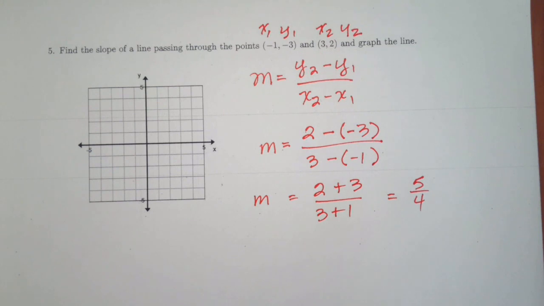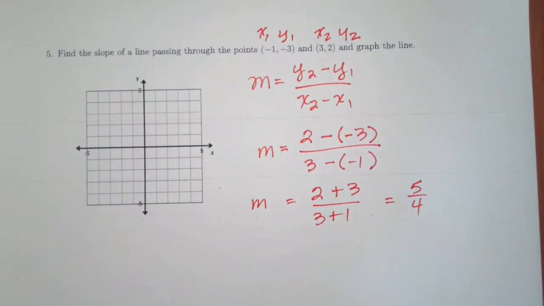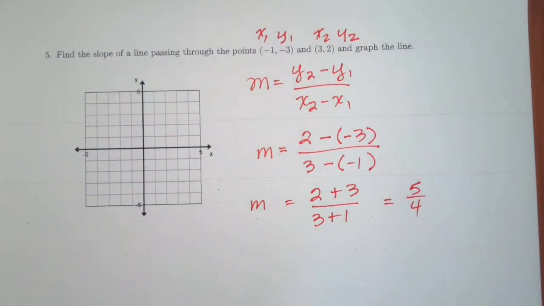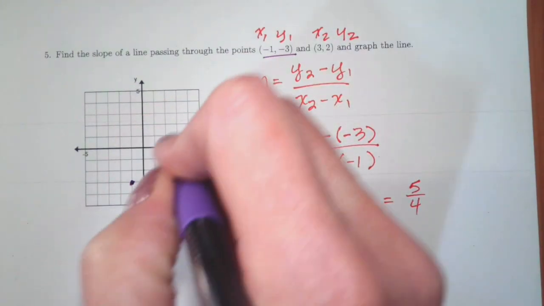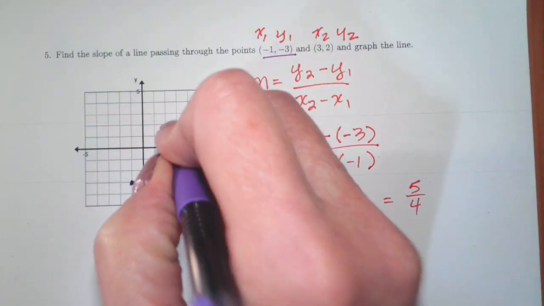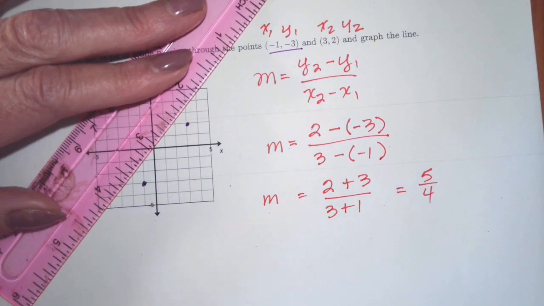So there's my slope. Now, to graph the line, since both of these points are on the grid, I can just plot these points. -1, -3, 3, 2, and then I connect my dots.